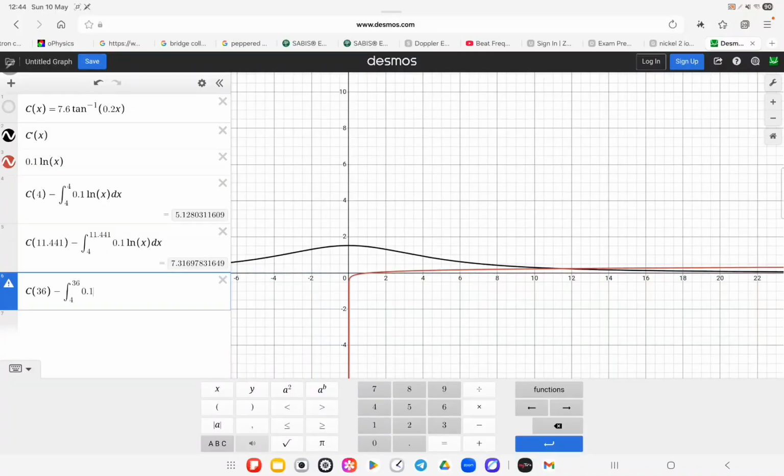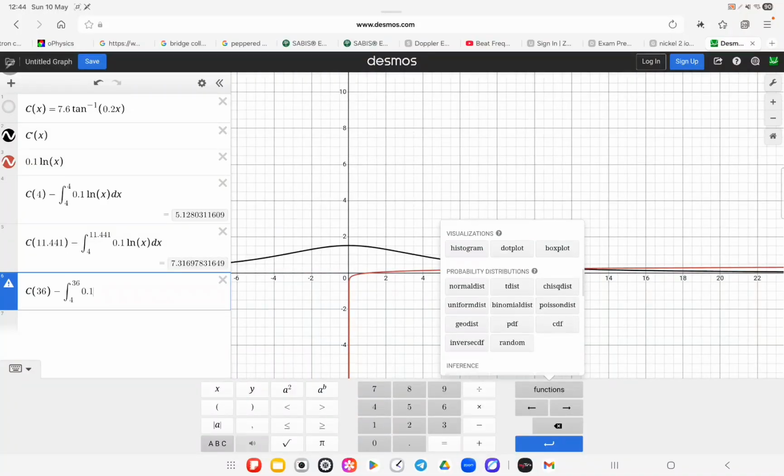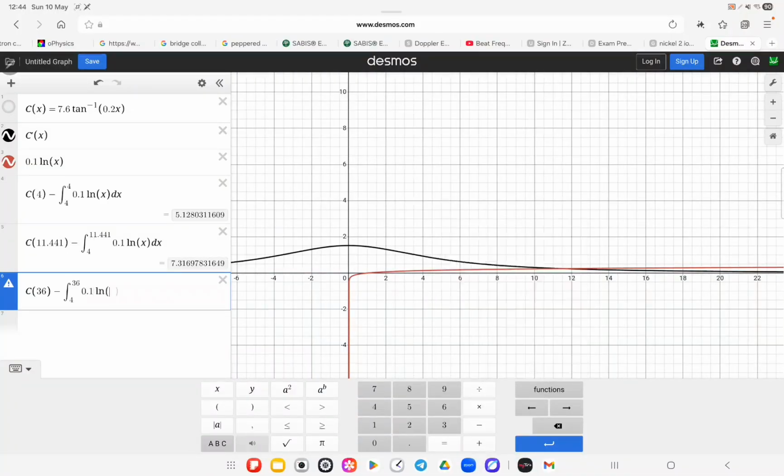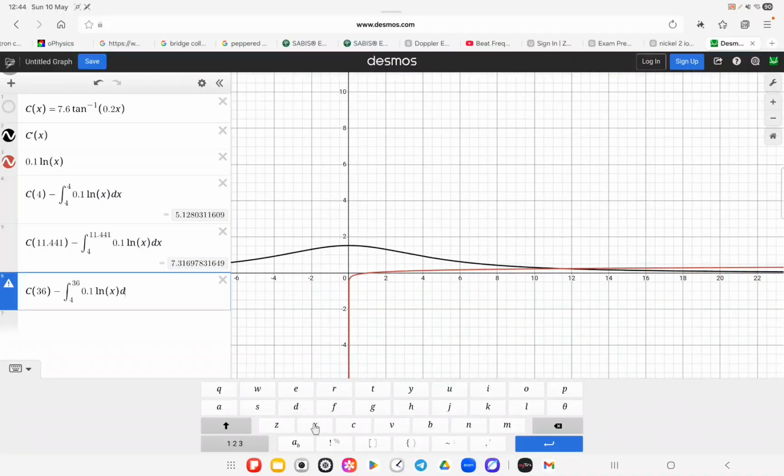Then here 0.1 ln of x dx. And now my maximum value appears to be at this number. And the question says at what time from 4 to 36 does A attain the maximum value? And that's going to be the time of 11.441.